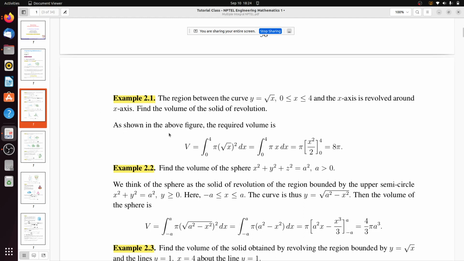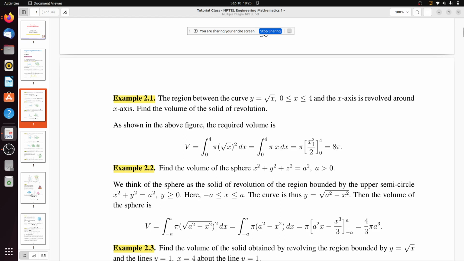Okay, so how will we determine the required volume of revolution? V equal to the integration from 0 to 4 of pi square root of x whole square dx. Now square root of x whole square means x, so you are doing the integration from 0 to 4 of pi x dx.